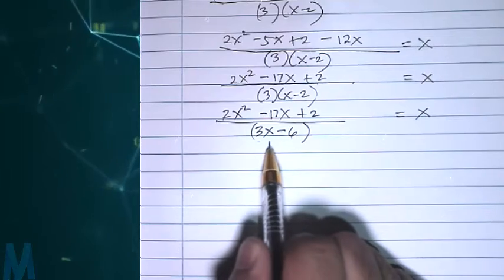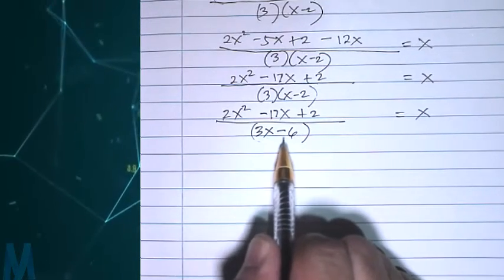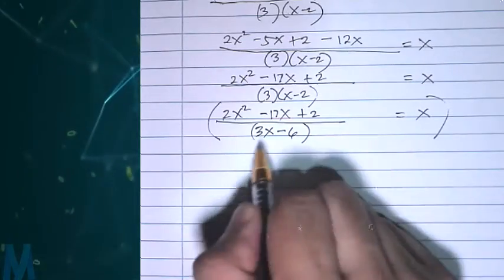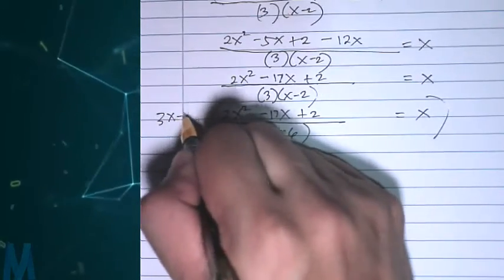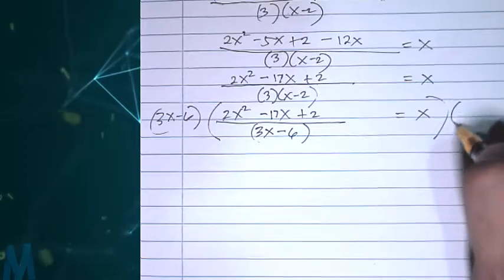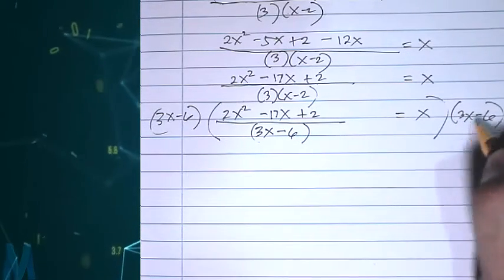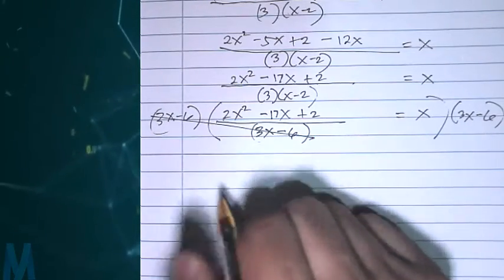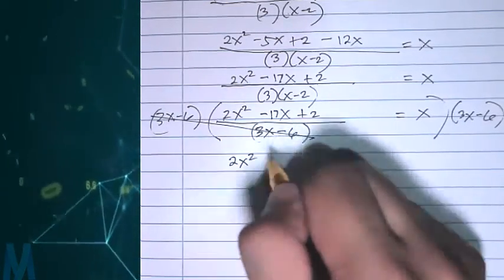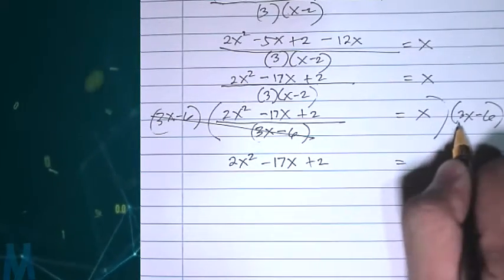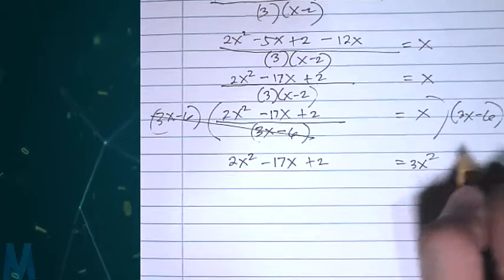So we're going to get rid of the denominator 3x minus 6 by multiplying both sides with 3x minus 6. This is 3. Okay. So makancel niya isa. And then ang mabili na lang is 2x squared minus 17x plus 2 is equal to 3x times x is 3x squared.